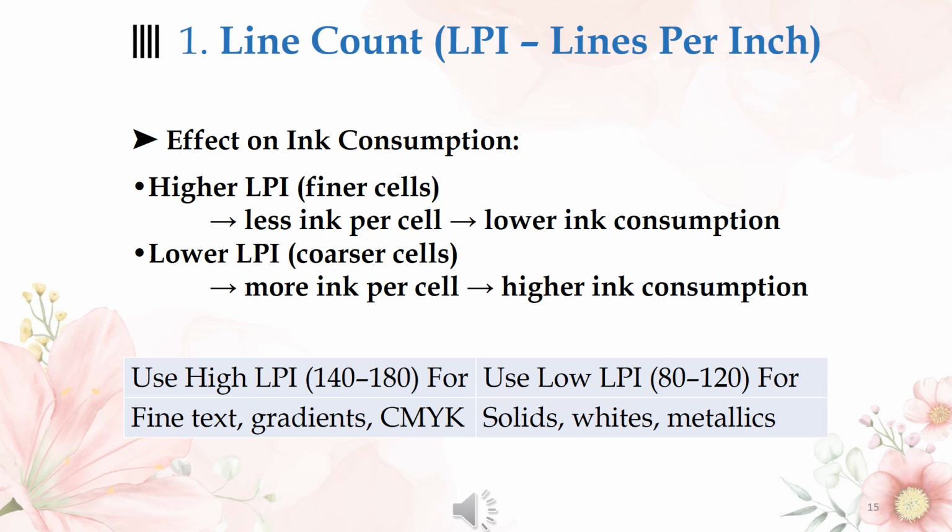That's why higher ink consumption. Use high LPI, that is from 140 to 180 lines per inch for fine text, gradients and CMYK halftone. Use low LPI, that is 80 lines per inch to 120 lines per inch for solids, whites and metallic.